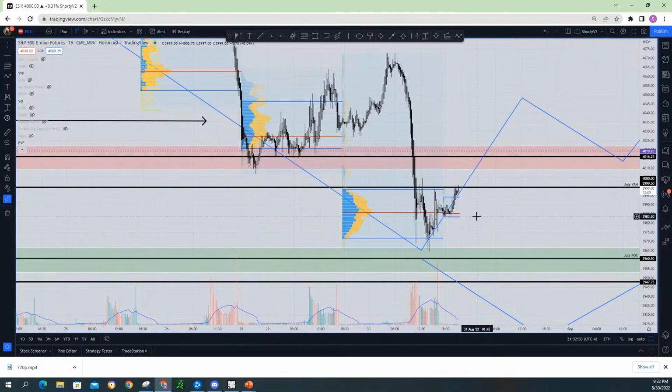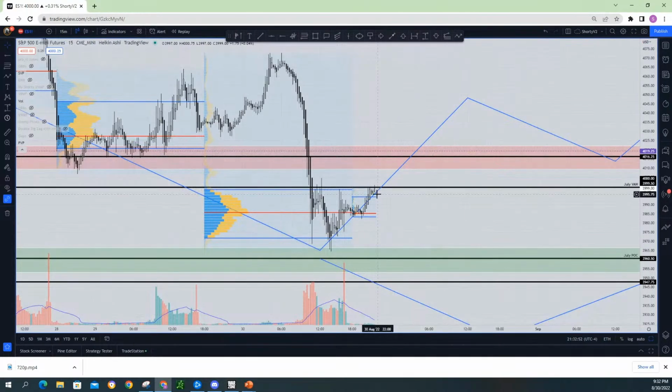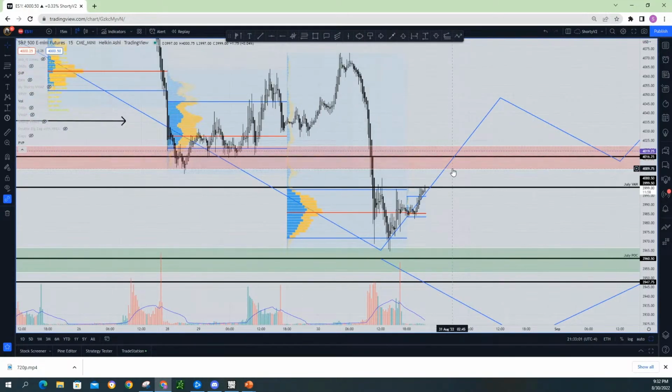If you're interested, you could take this straight over 4,000 and hope and pray that it goes to the next value area, which is about 40.20. So you're going to have that 410 level that's going to have a little bit of, I guess if you want to call it resistance, but not much. And why is it not going to have any resistance between these two days?